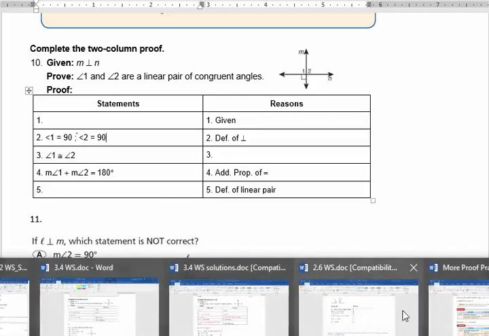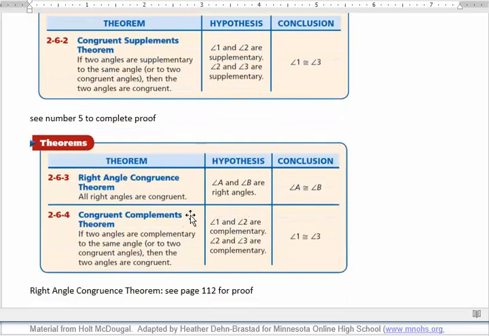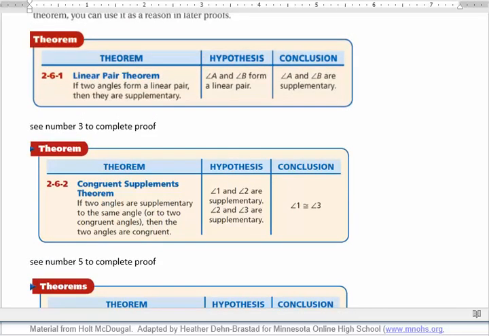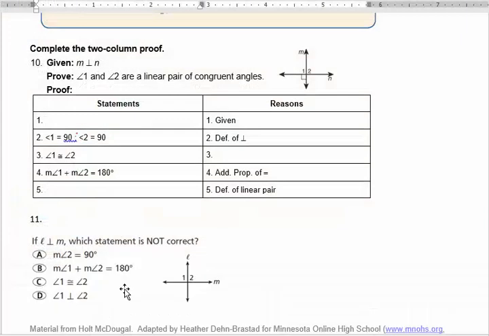Let me see if I put it on the more proof worksheet where we combined some of the theorems from 2.6 and 2.7 that said that if you have any number of right angles, they will be congruent to each other. So if they're both equal to 90 degrees, then they're right angles. We could add another step to this proof, and I probably should, that says that then they're right angles.